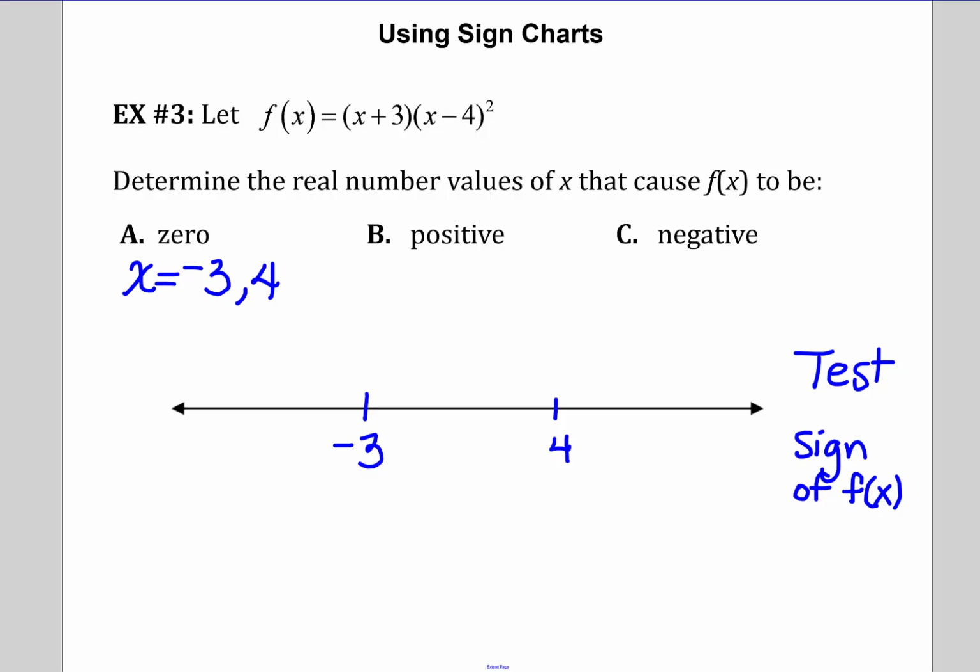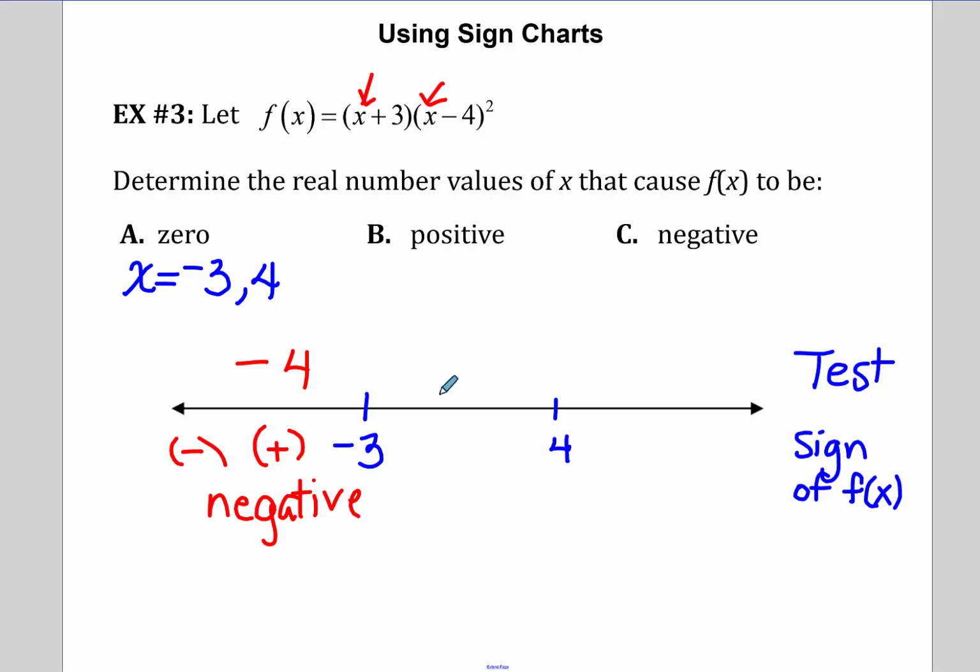Let's say we picked negative 4 to be our test number. If you plug a negative 4 into this factor, that's going to be a negative number. If we plug a negative 4 into this factor and square it, that would give us a positive number, which tells me a negative times a positive is going to be a negative y value. In other words, the graph is going to be below the x-axis.